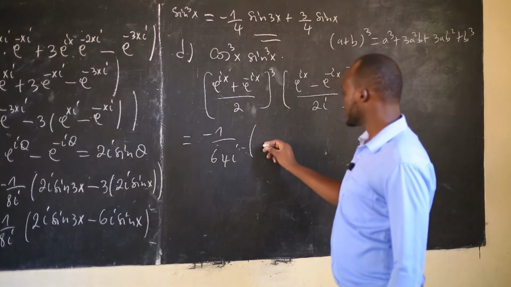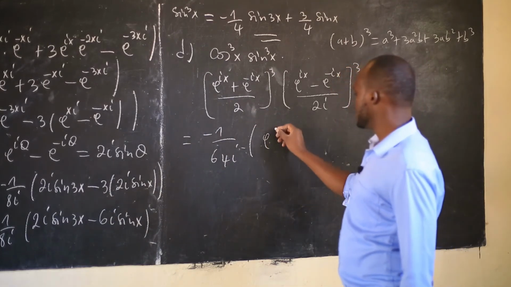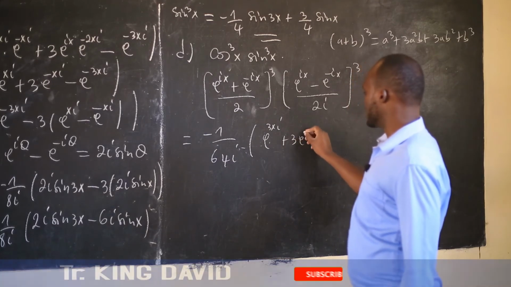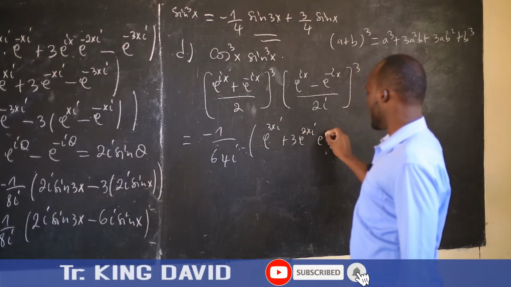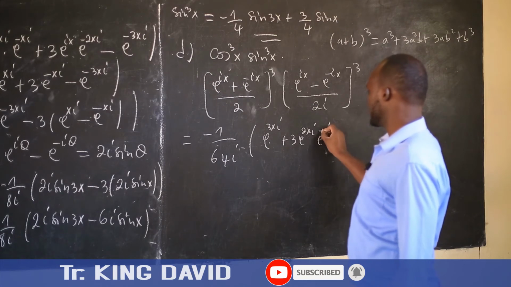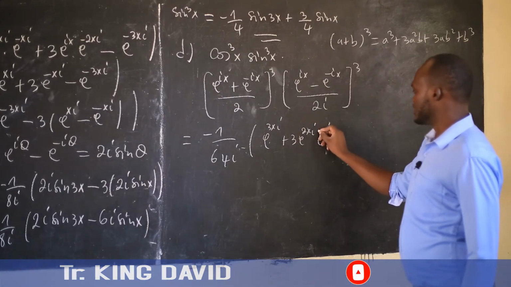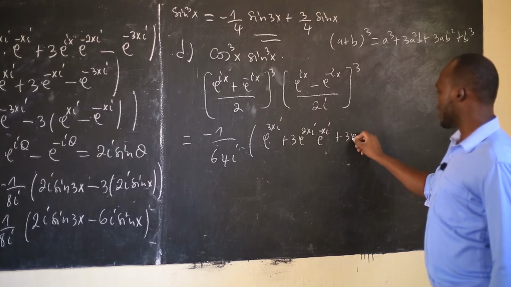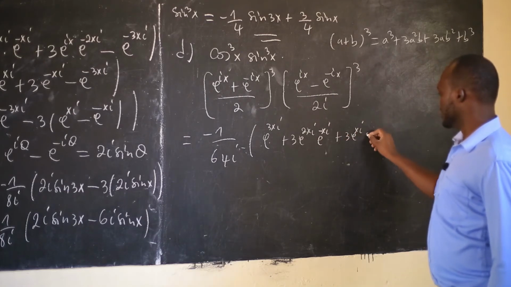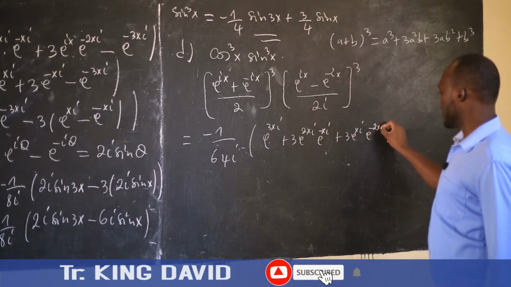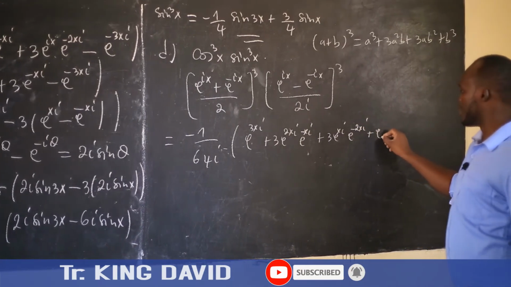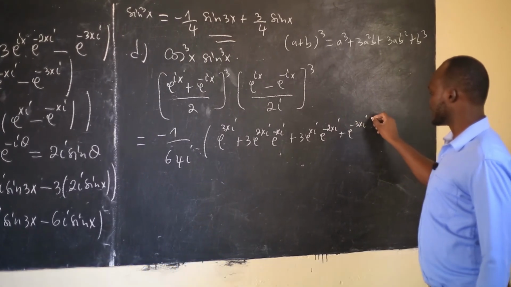So it will be e^(3xi) plus 3e^(2xi) e^(xi), then plus 3e^(xi) e^(-2xi), then plus e^(-3xi).